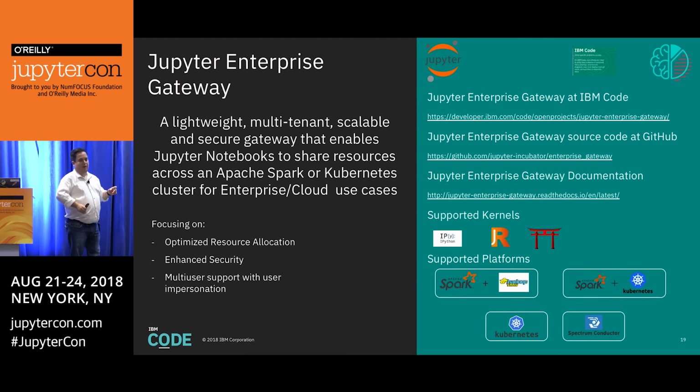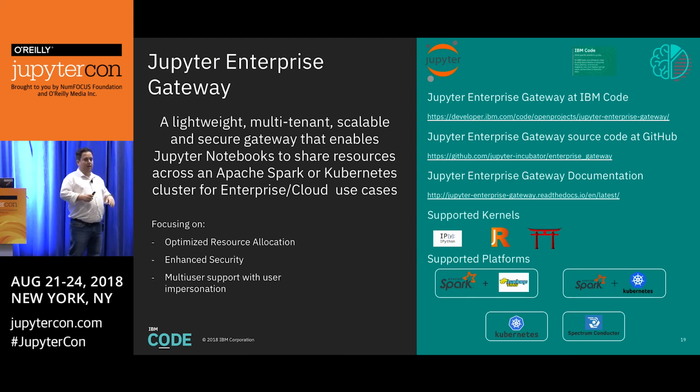For those that don't know what Jupyter Enterprise Gateway does, in a very high-level summary, it enables remote kernels for Jupyter Notebooks, and we support Spark on Yarn. If you are familiar with Spark, we start running in cluster mode. It supports Spark on Kubernetes, plain Kubernetes, Spectrum Conductor, and resource managers become a choice, a very pluggable layer.